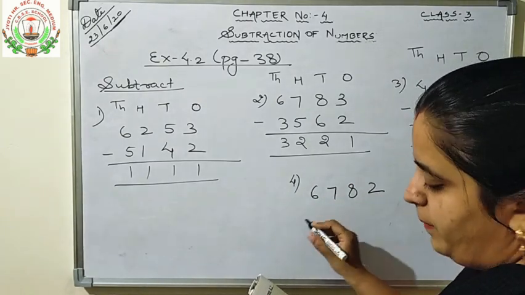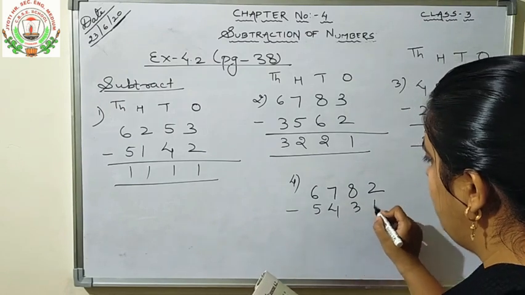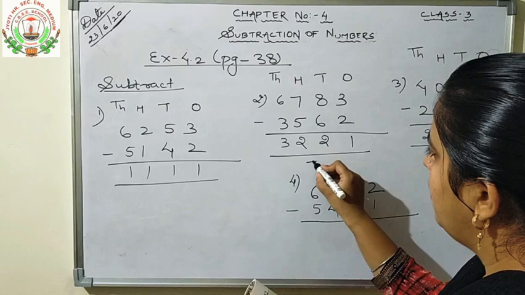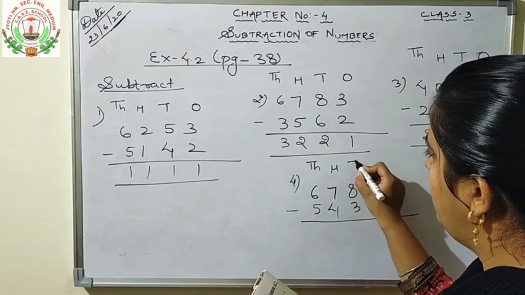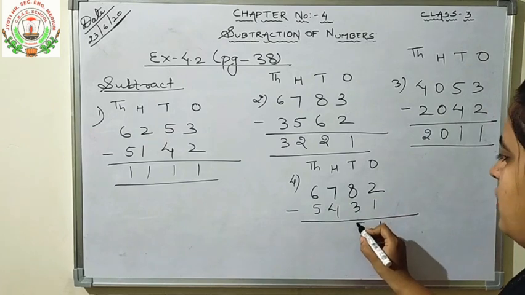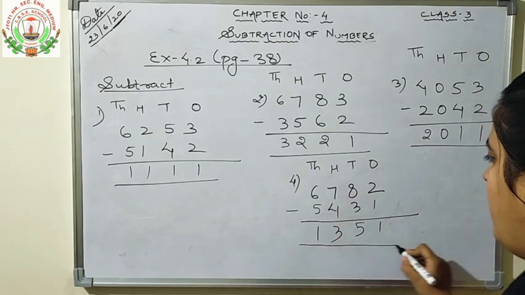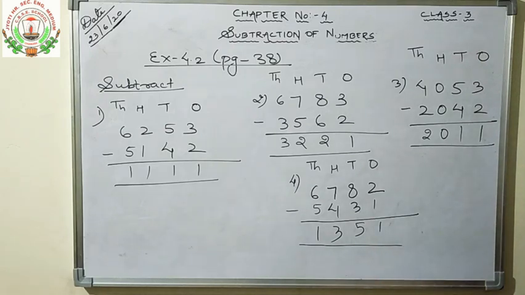6782 minus 5431. Thousands, hundreds, tens, ones. 2 minus 1 is 1, 8 minus 3 is 5, 7 minus 4 is 3, 6 minus 5 is 1. So answer is 1351. Okay.